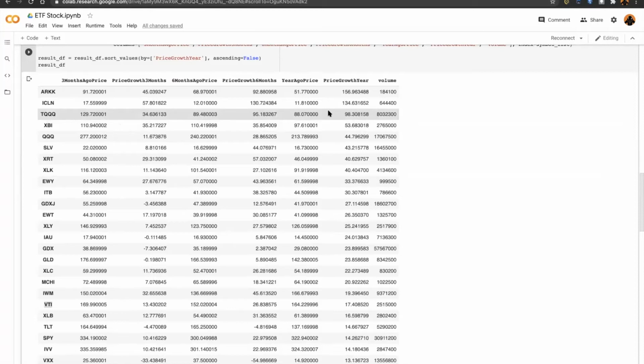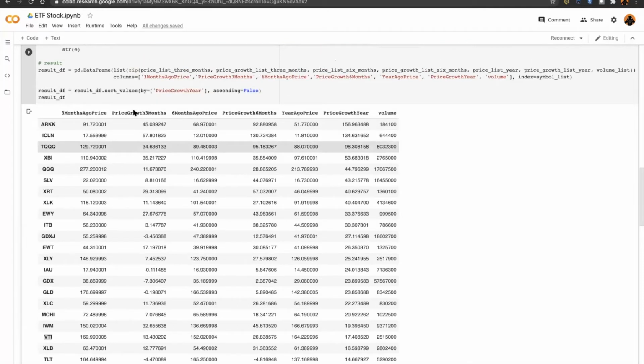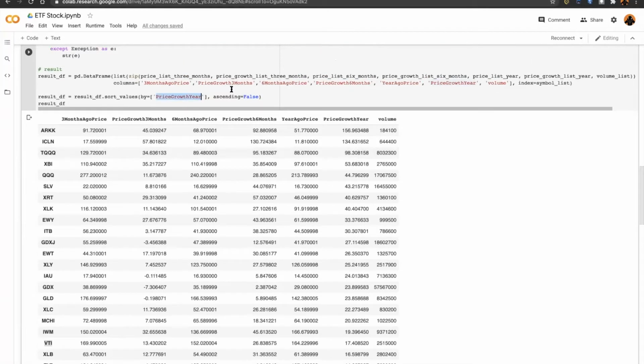If the volume is higher, that means the popularity is higher. So I listed them out here. Then it's sorted by the 1-year price growth, which is here, right? It's already listed here.